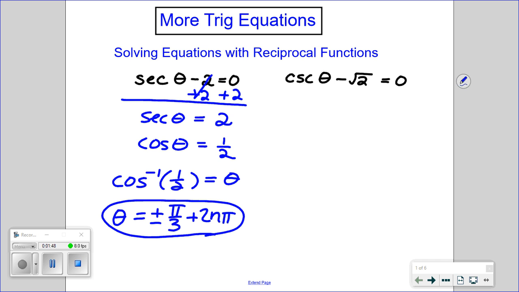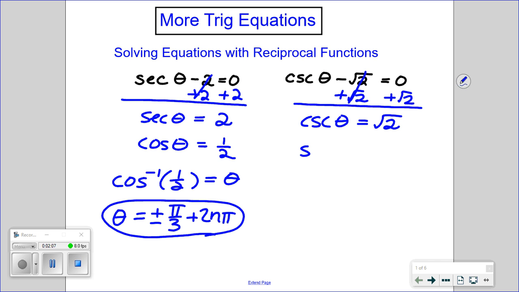Okay, in our next equation, we're going to start by adding square root of 2, again to isolate the trig function. And then we're going to use the fact that cosecant is the reciprocal of sine. So we can rewrite this as sine theta equals the reciprocal of square root of 2.